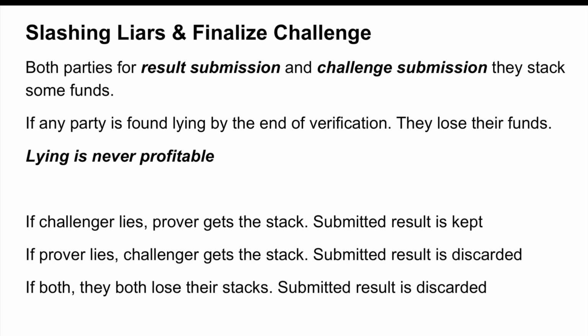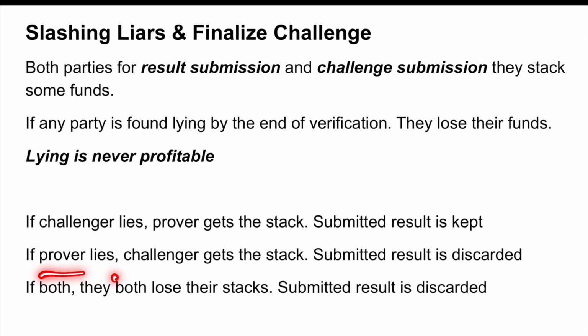So both parties, for result submission and the challenge submission, stake some funds, obviously. So if any party is found lying by the end of the challenge and the verification, they lose their funds. So lying is never profitable. If the challenger lies, the prover gets the stake, and the submitted result is kept.